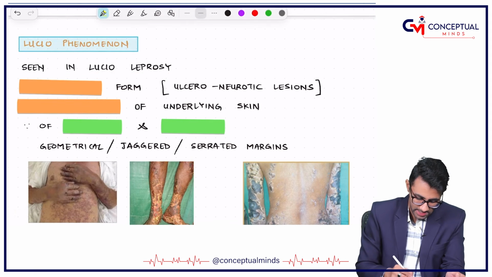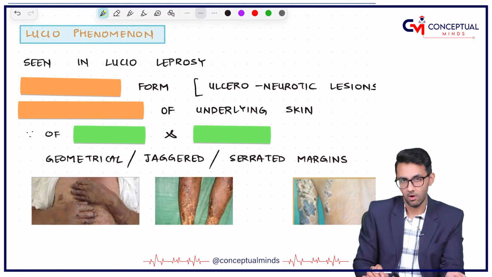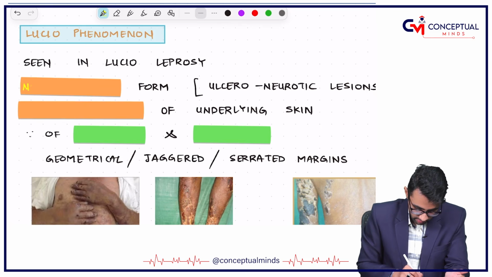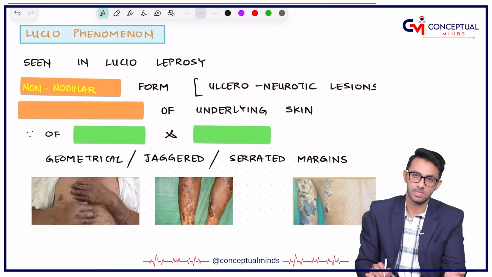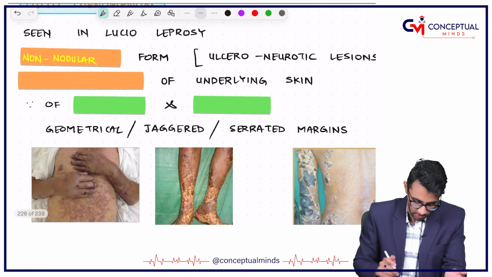So what is this about? This is a non-nodular form of leprosy. What's happening is there is severe ischemia of the underlying skin.